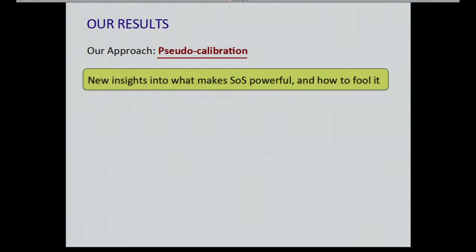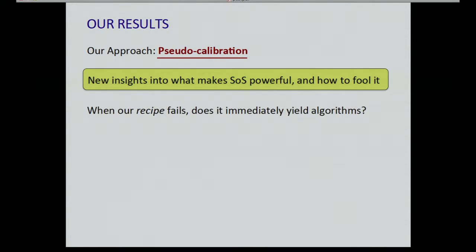Aside from the results, what I really want to tell you is this new approach, called pseudo-calibration, which yields a lot of insight into what makes SOS so powerful and how we can fool it. Whenever you take an average case problem, SOS is a very strong family of algorithms, and pseudo-calibration gives you a recipe for constructing some way to try and fool it.